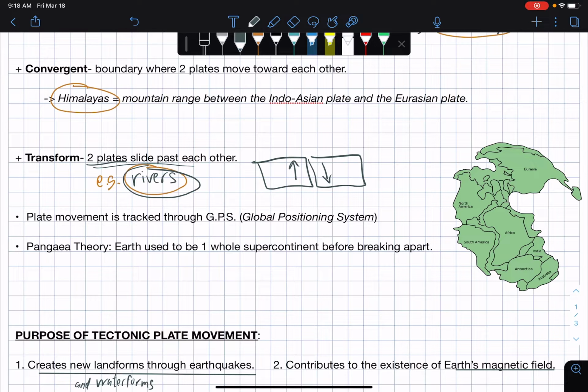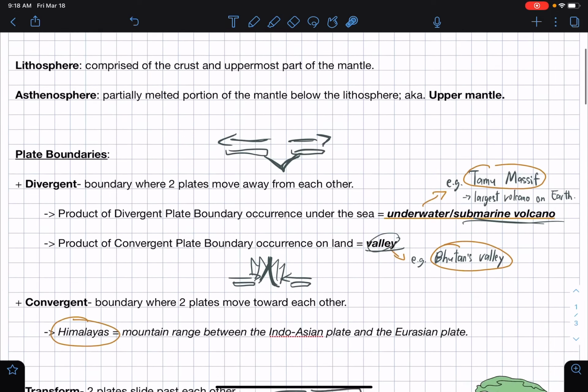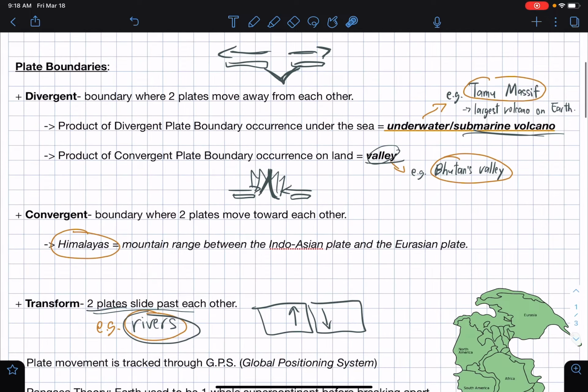For the purpose of tectonic plate movement, it basically creates new landforms and waterforms through earthquakes. So earthquakes happen on the three plate boundaries. When an earthquake happens with a divergent plate boundary, as said earlier, it creates either submarine volcanoes or valleys.